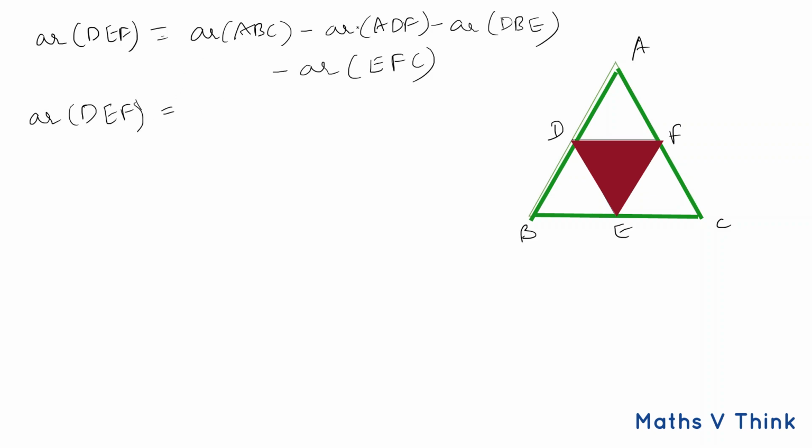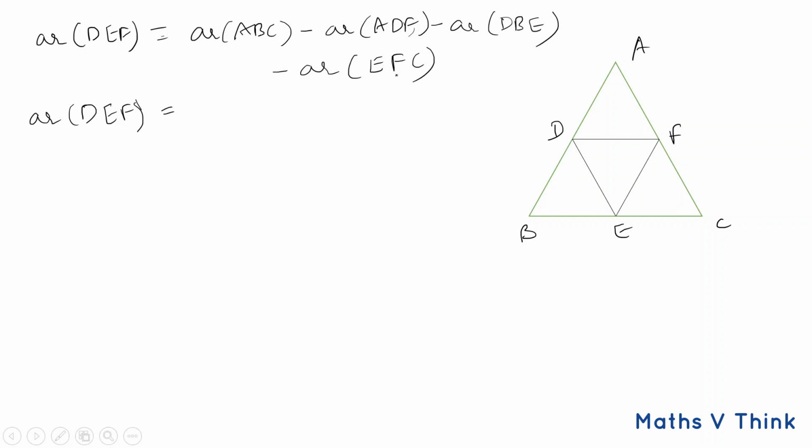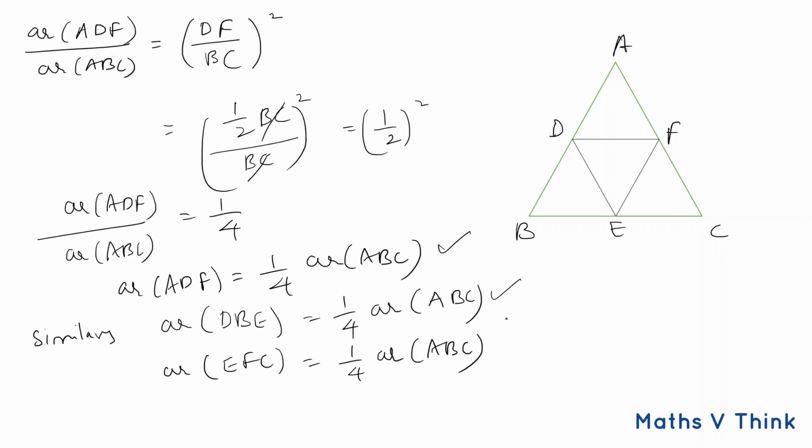Now, in place of area of ADF, area of DBE and area of EFC, I'll be substituting this, this and this. So this all be 1.